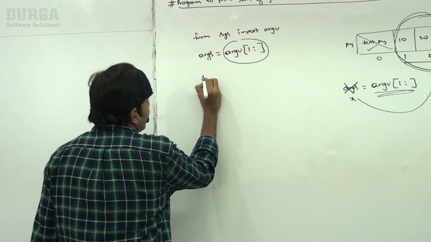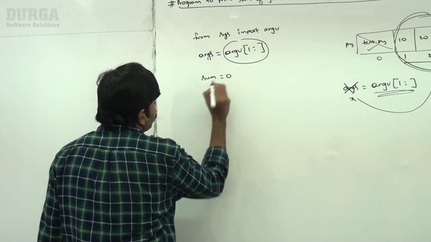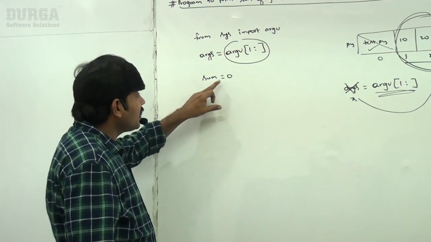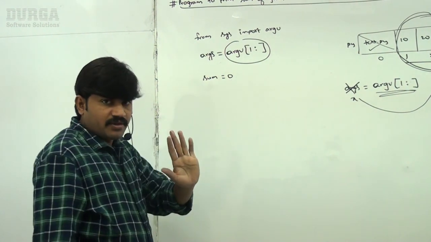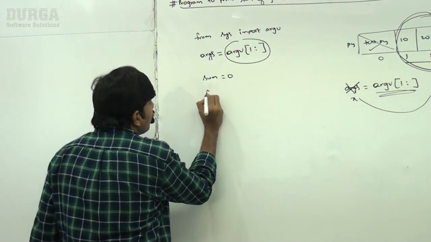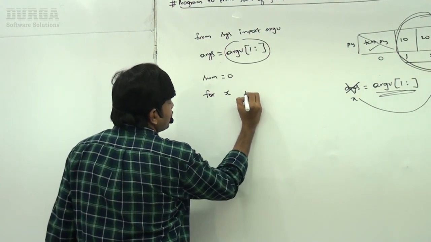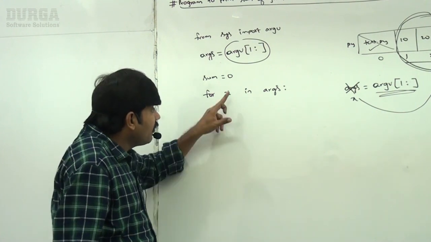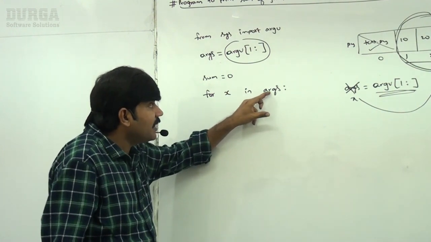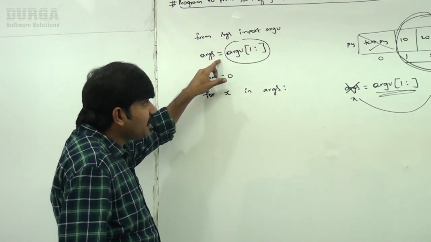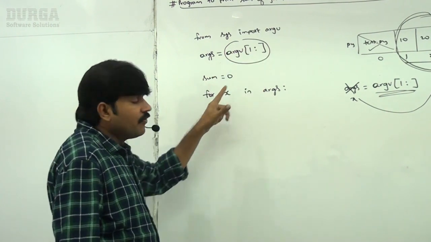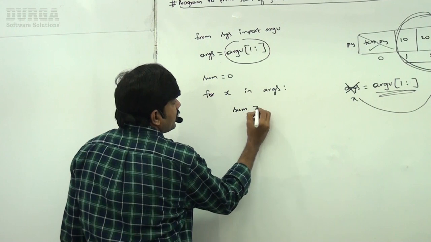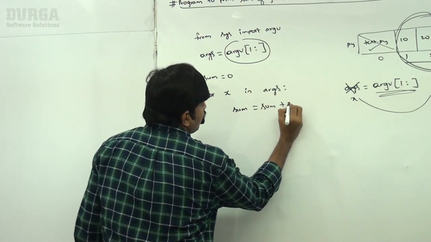Next I am taking sum is equal to 0. Take very special care, small loopholes are there. I am just taking a variable whose initial value is 0. So now for each x value in args, that is, for every x value present inside args, from index 1 onwards, sum is equal to sum plus x.